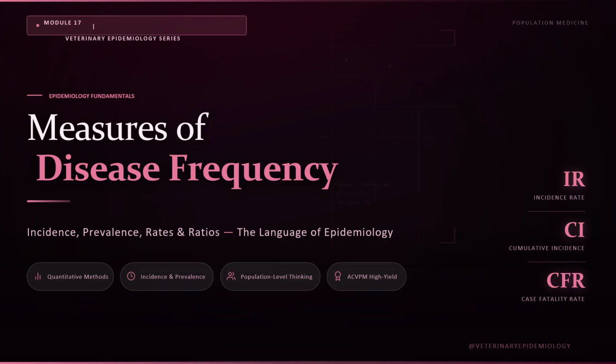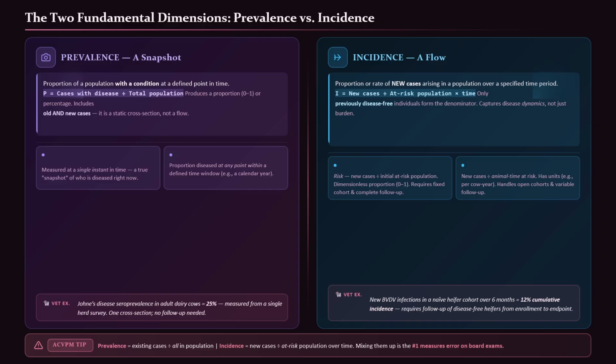Incidence, on the other hand, tells us the rate of new disease occurrence. It's your tool for understanding transmission dynamics, evaluating interventions, and conducting etiologic research. Confuse these two, and your public health or herd management decisions will be built on the wrong foundation. We're going to make sure that that doesn't happen.